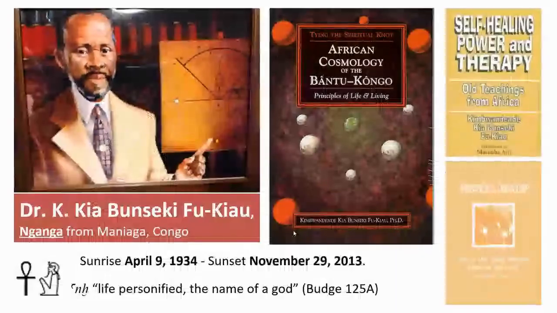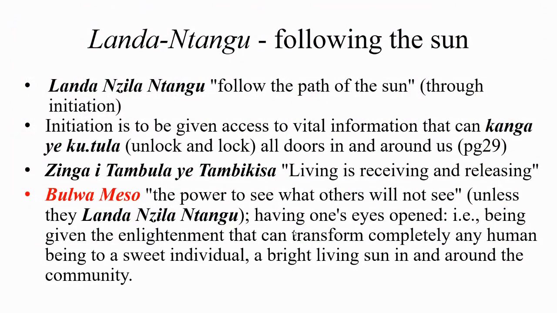That's why it was phrased in a way, having one's eyes open, being given the enlightenment that can transform completely any human being to a sweet individual, someone with great humanity, also a bright living sun in and around the community, because your light shines when you are grounded in what it means to be human, and you share your light with others.